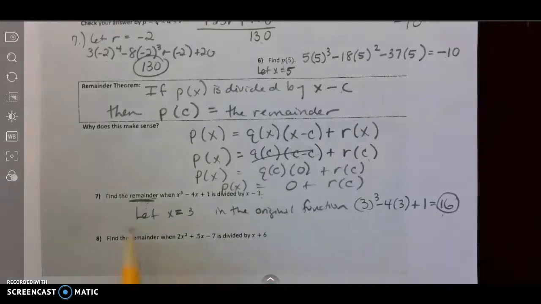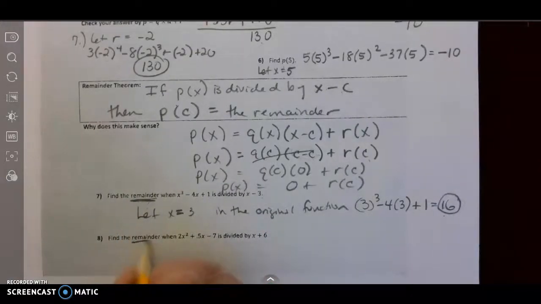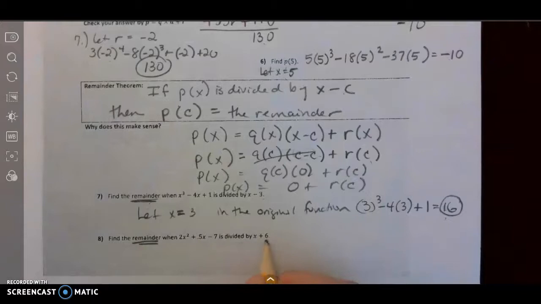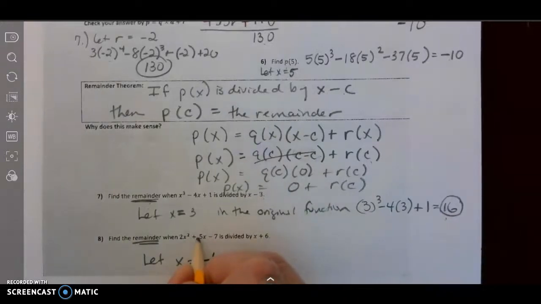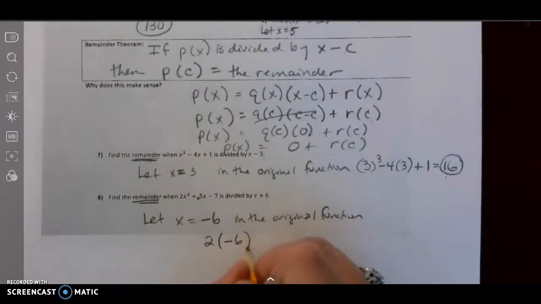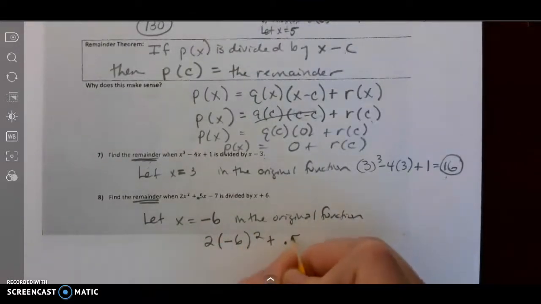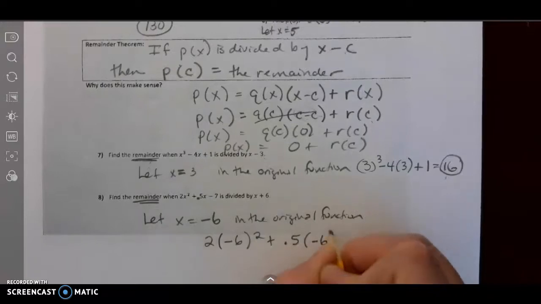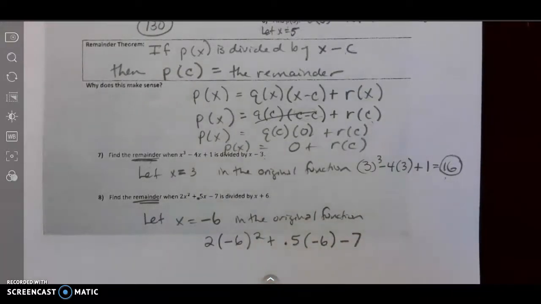So look at number 8. What's the remainder when we're dividing by x plus 6? So let x equal negative 6. And that is a 0.5, by the way. So in the original, we get 2 times negative 6 squared plus 0.5 times negative 6 minus 7.